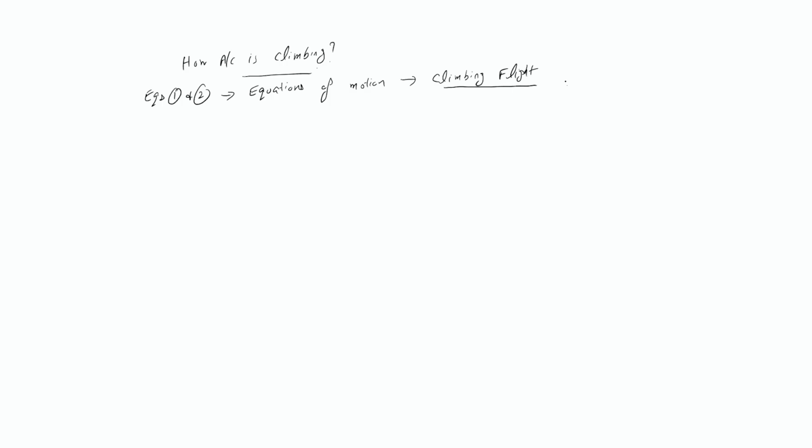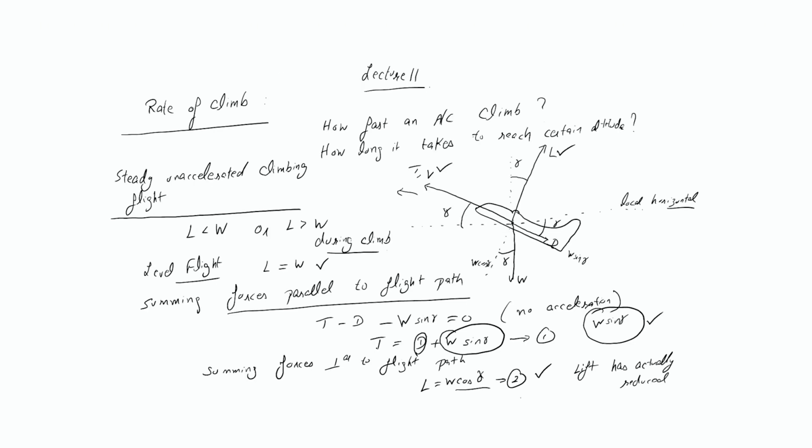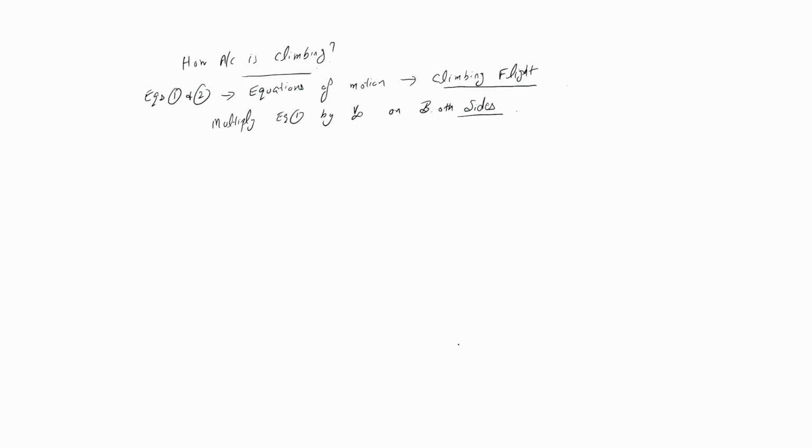Now what we'll do is multiply equation 1 by v infinity on both sides. So what do we get? T into v infinity equals D into v infinity plus W into v infinity sine gamma.